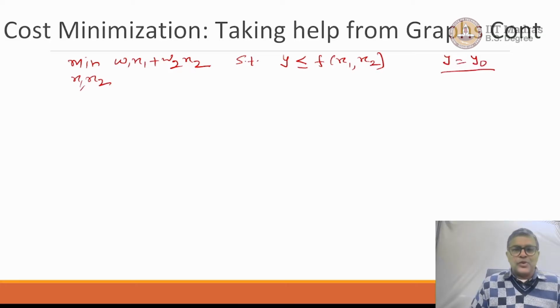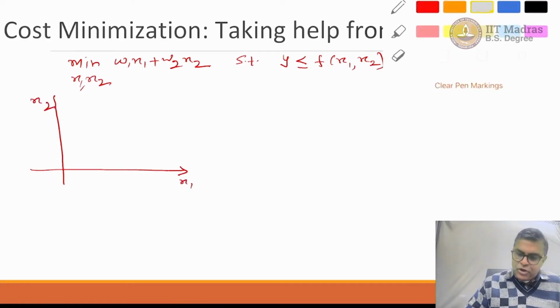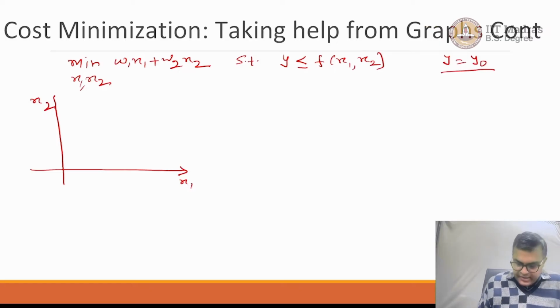Two techniques we have seen. One we did with brute force, we didn't use any technique, we did simple optimization, sometimes we took help of a graph. The second technique that we saw, we can do graphically, and here we have x1, x2, and then we can draw isocost lines like this.